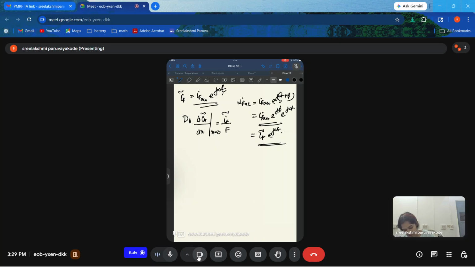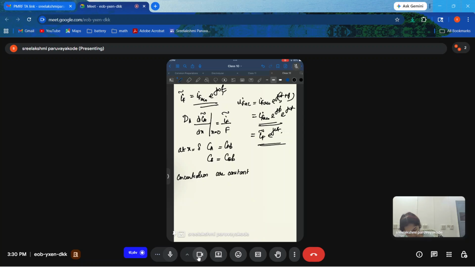So now we also know at x equal to delta, the surface concentration becomes equal to the bulk concentration. So these are the expressions we are going to use. You know concentrations are constant, right?